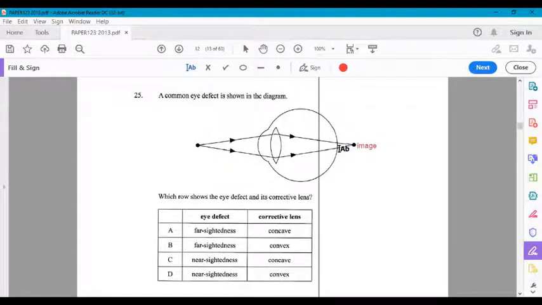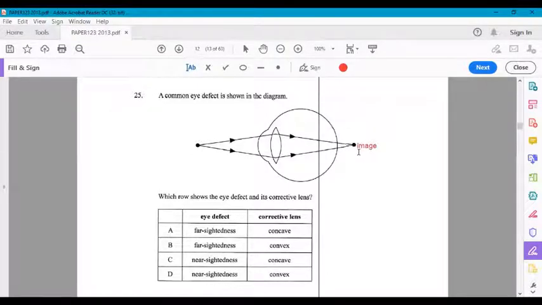The back part of the eyeball is where our retina is, and that's like the screen where your image is supposed to form. But as you can see, it forms behind the retina here. So the light has spread out too much, spread too far, and we don't get a clear image because it's not right there on the screen. It's spread out too far.